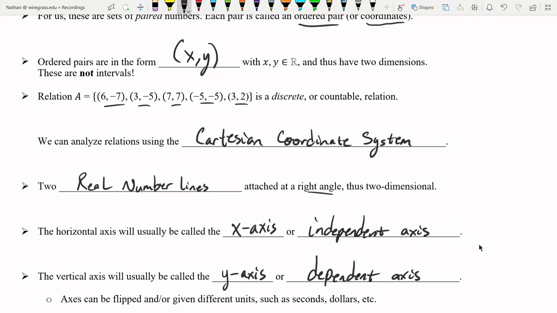Of course, these can be flipped, and the variables x and y can be changed. If we're talking about dollars per hour, then the independent axis, the horizontal one, will probably be t for time, and the dependent axis, the vertical one, will probably be a dollar axis.